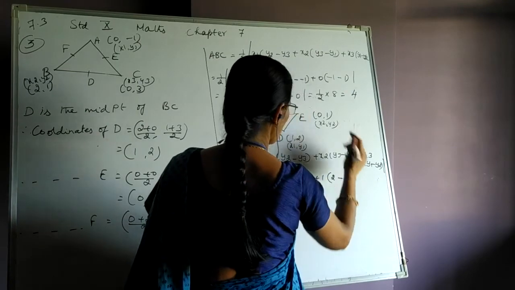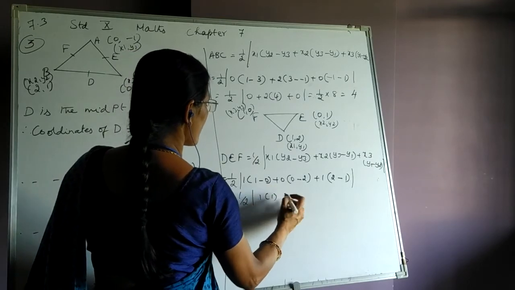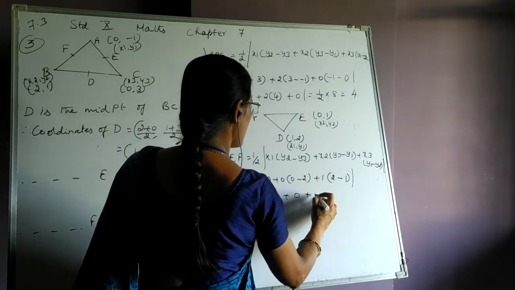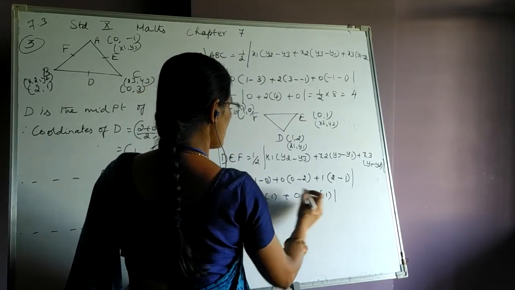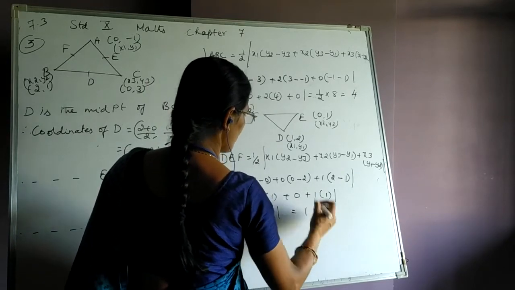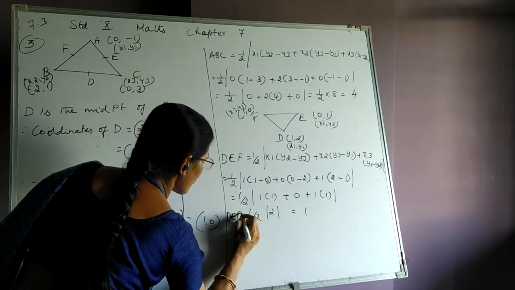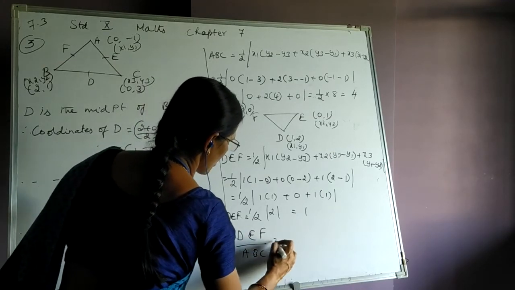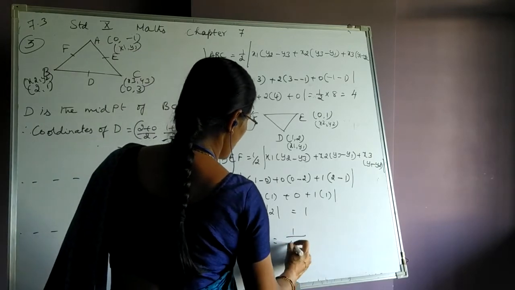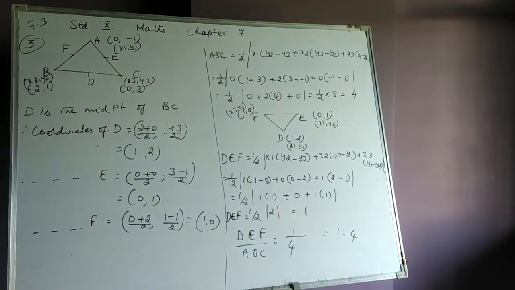So it is half into the same formula, x1 (y2 minus y3), x2 (y3 minus y1) plus x3 into (y1 minus y2). Substituting, x1 value is 1, y2 minus y3, y2 is 1, y3 is 0, plus x2 value is 0, y3 is 0, y1 is 2, x3 is 1, y1 is 2 and y2 is 1.